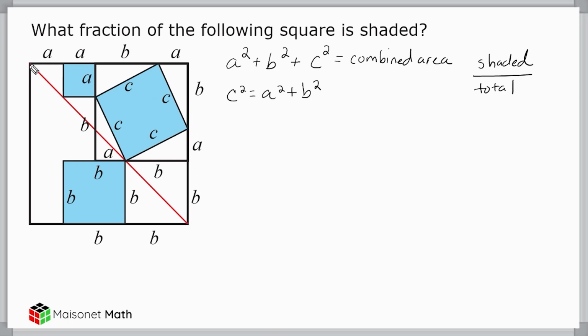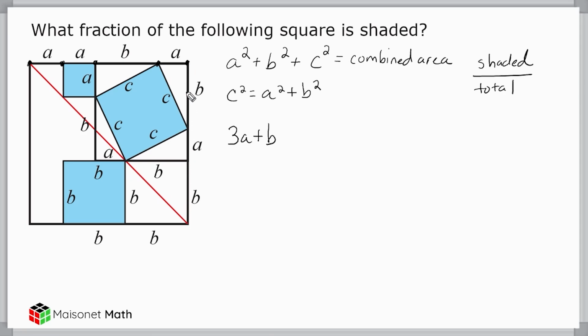So let us take a look at the length of this side. We can see that the distance from here to here is A, and from here to here is A, from here to here is B, and from here to here is A. So the length of this side here, we can summarize as 3A plus B. Now, we could just square this side, but we should notice that this side here is written in different terms.